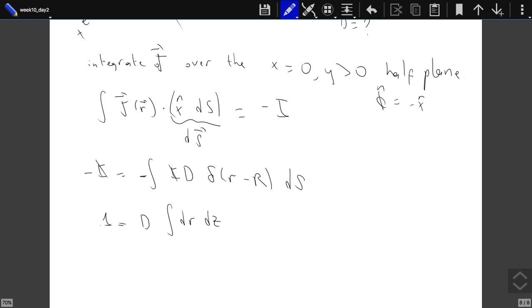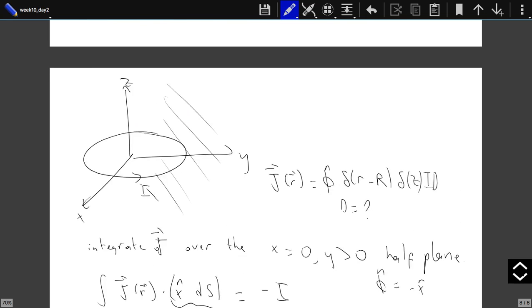Do you agree? So I take this very small area over there. This is my dz, and this is my dr. Do you agree?